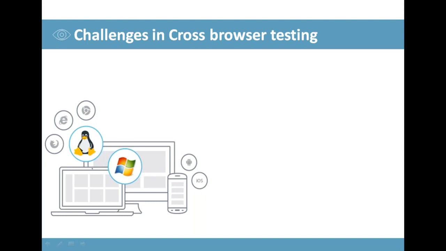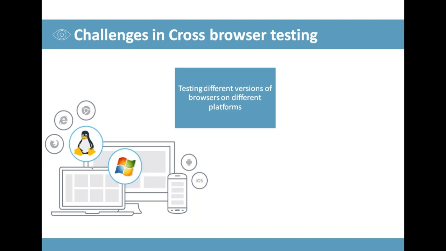So there are a lot of organizations, a lot of companies coming up with the mobile web apps. So these web apps, when you are releasing, we really do not know which browser the clients are using, what is the version, and then the real challenge comes is how do you test that, right?